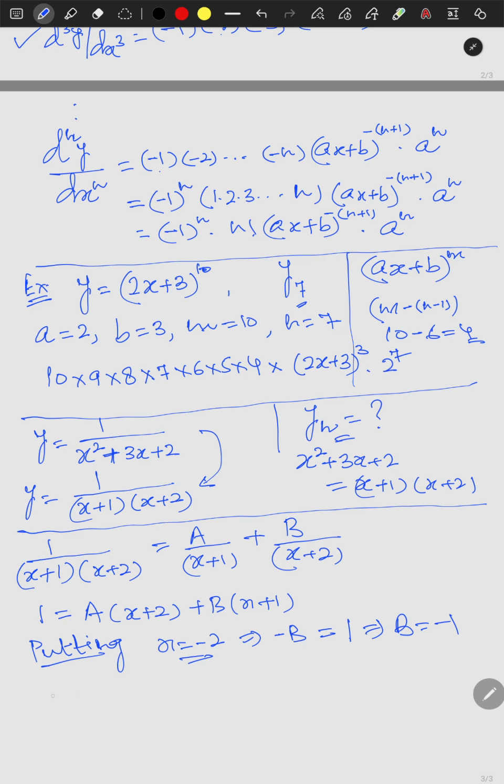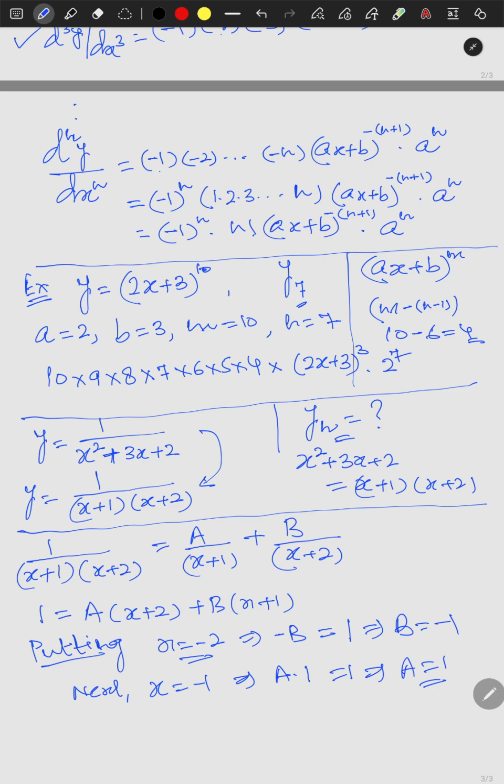So next we are putting x is equals to minus 1, so this gives us a into 1 is equals to 1, so this gives us a is equals to 1.